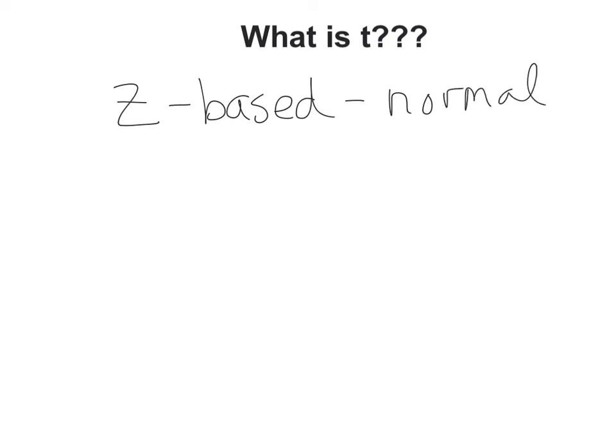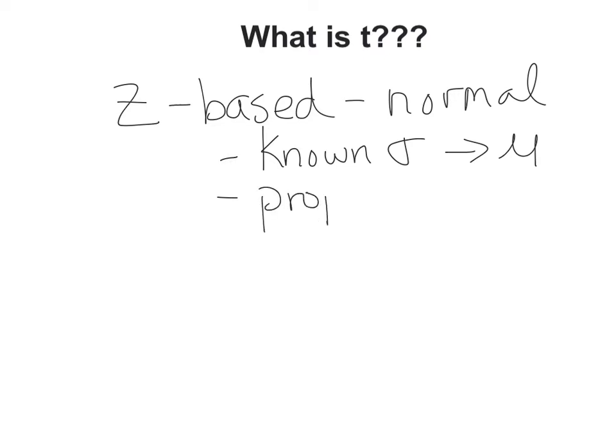And whenever we're using z-based test statistics or z-star values for critical values, we were always dealing with either a known standard deviation, so we knew sigma if we were doing a mu-based problem, or we were working with proportions, using the normal approximation to the binomial with the np and n times 1 minus p checks to get to normality.